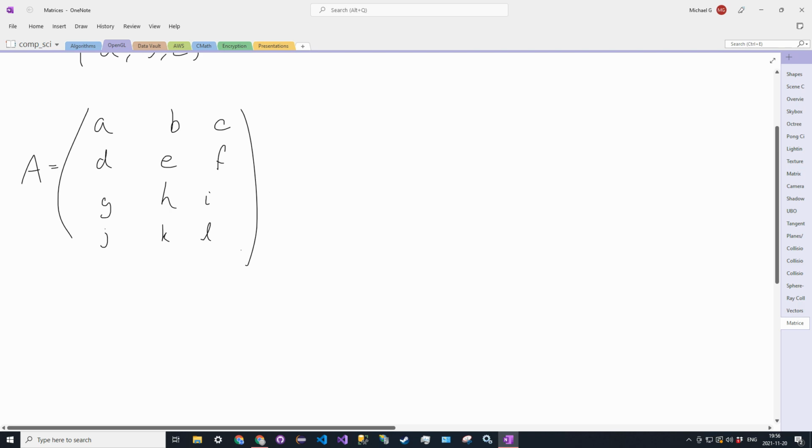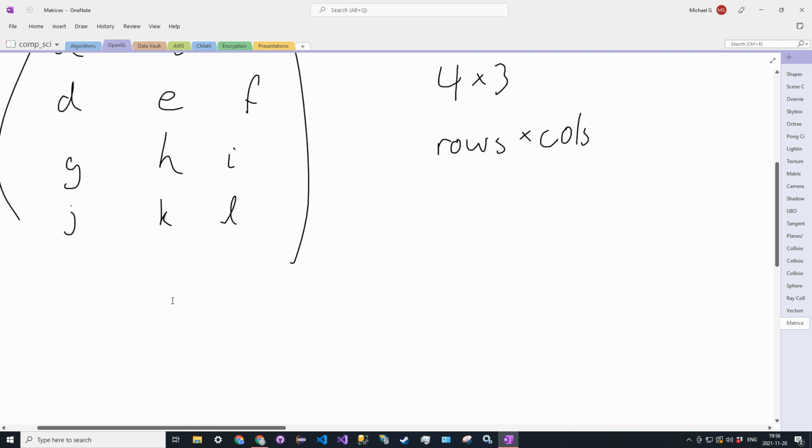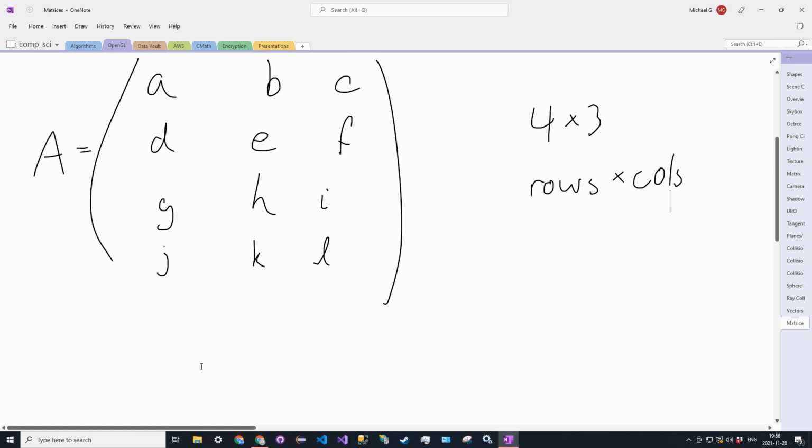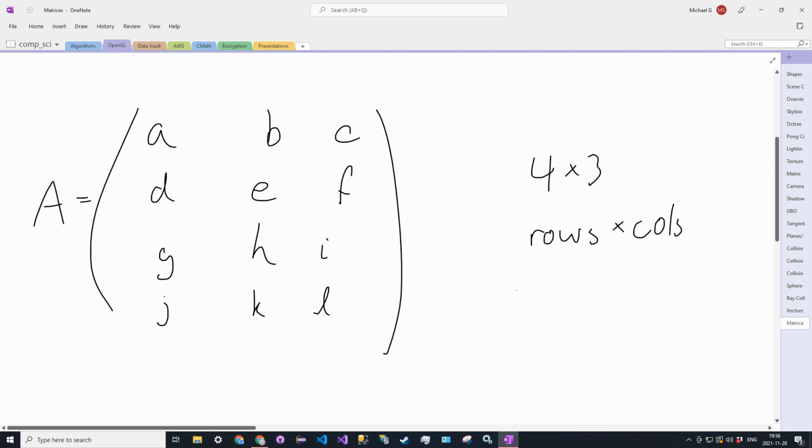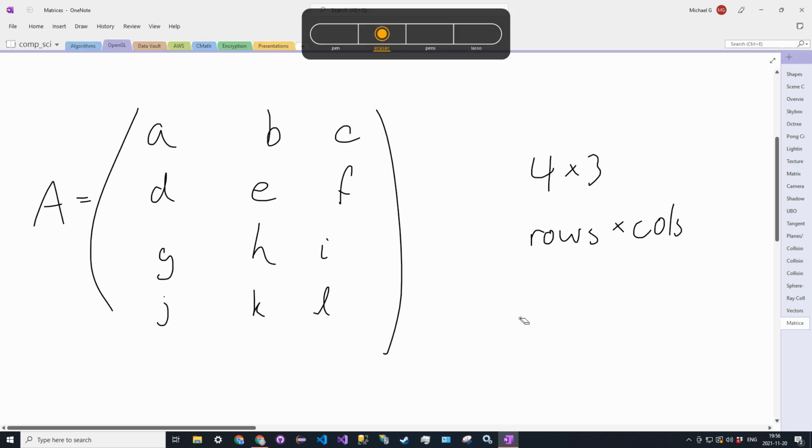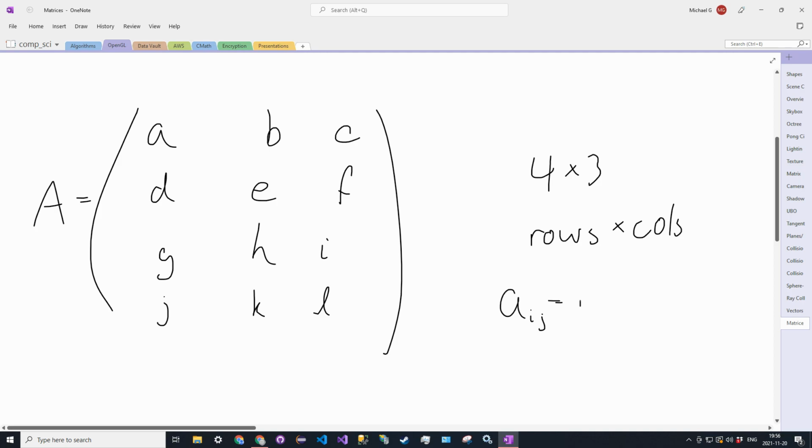So we're going to characterize this matrix by its dimension. In this case, we have what's called a 4x3 matrix, and that's rows by columns. As for the elements themselves, we're going to index each element using A at ij, which is equal to the ith row and the jth column.